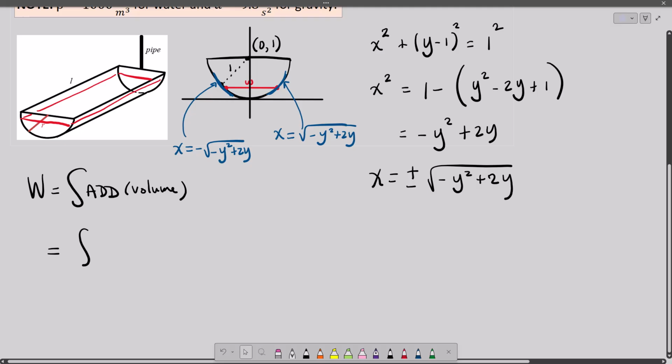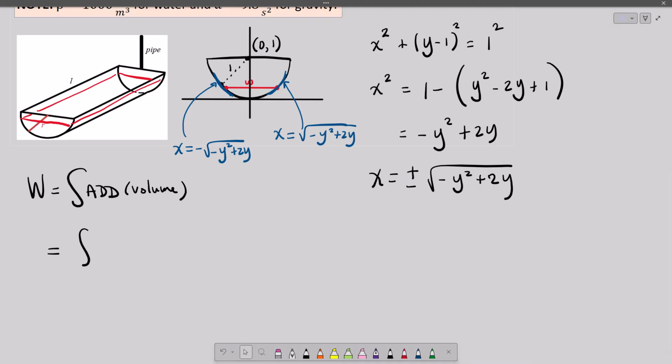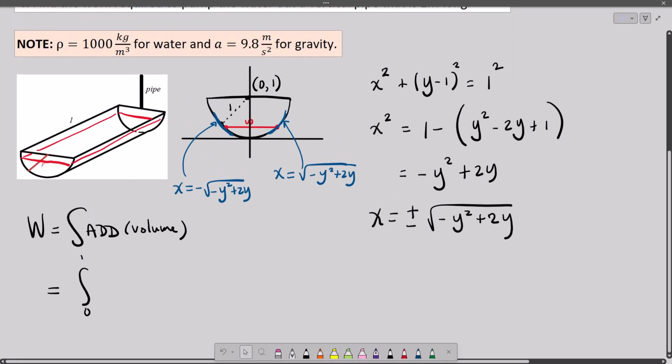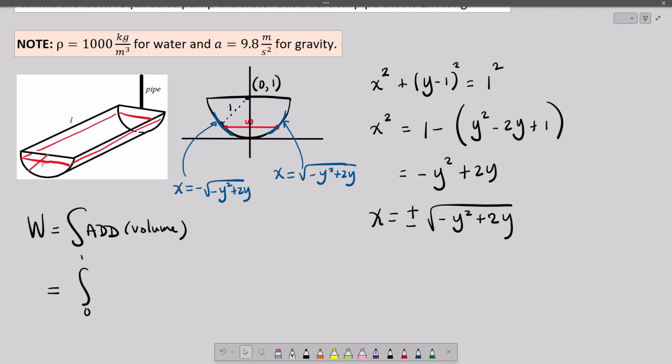If we're imagining this filled with water, we need to pump out every cross section from 0 up to 1. All those cross sections have to get pumped out. If we were pumping the water right out the top, it's 0 to 1. If we're pumping it out this pipe that we're going to talk about in part C, it's still 0 to 1. All the water from 0 to 1 is still getting pumped out. It's just that the distance traveled might be further if there's a pipe that has to go up and out. But you still have limits of integration 0 to 1 because that's where the activity is.